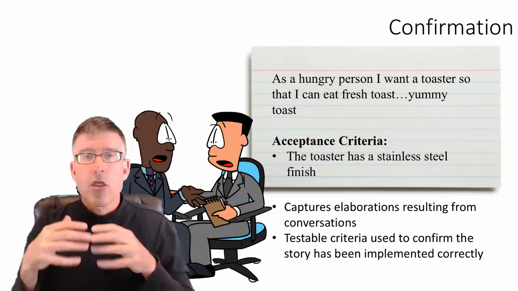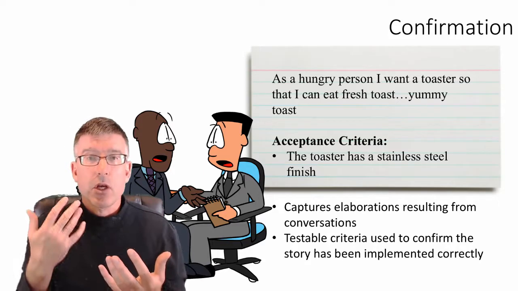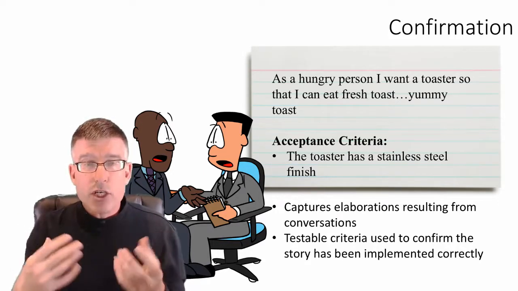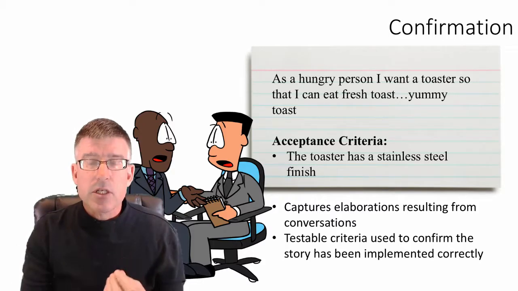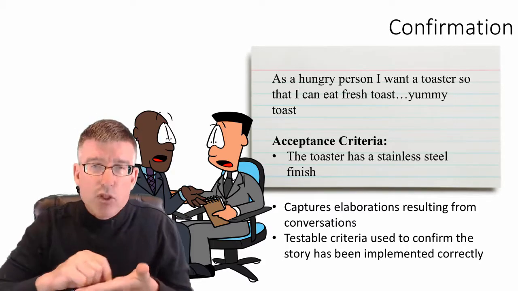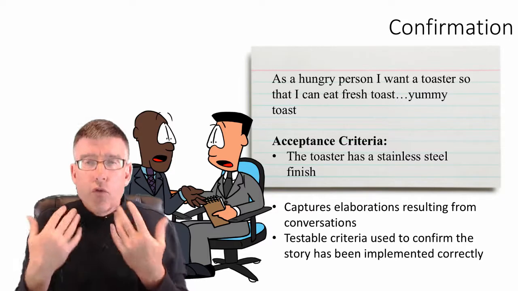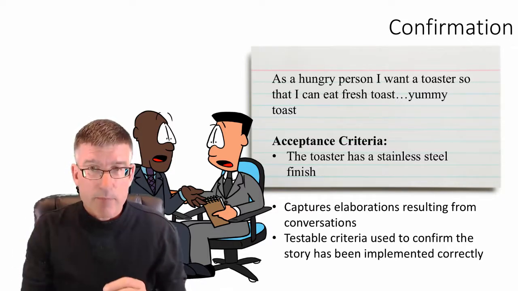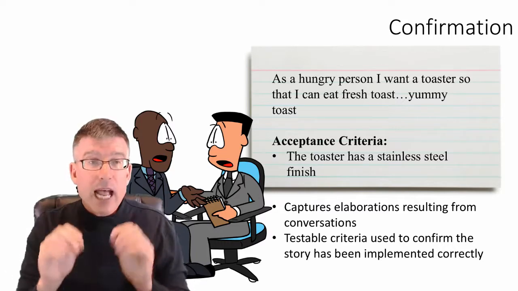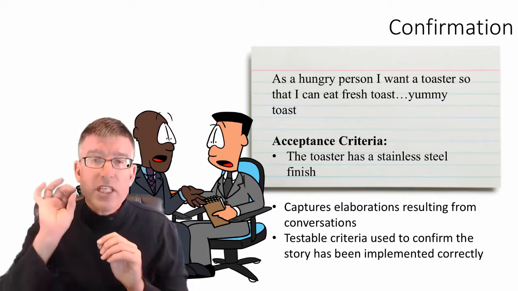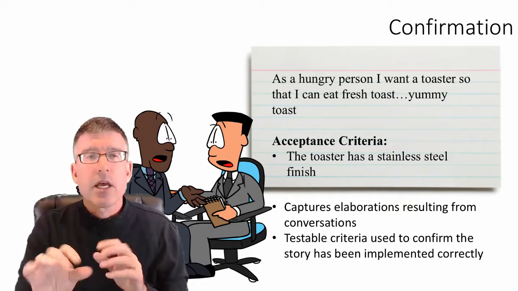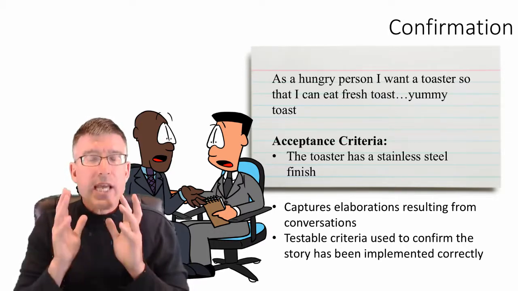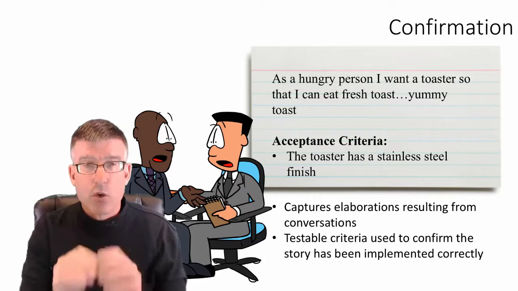Finally, there's the third C, the confirmation. Now, we've just had these conversations, we're getting really great ideas, so at this point we want to be able to write those down. Frequently, this confirmation is referred to as the acceptance criteria. This is how we elaborate the user story with testable criteria that we're able to confirm that, yes, we have implemented this story correctly.